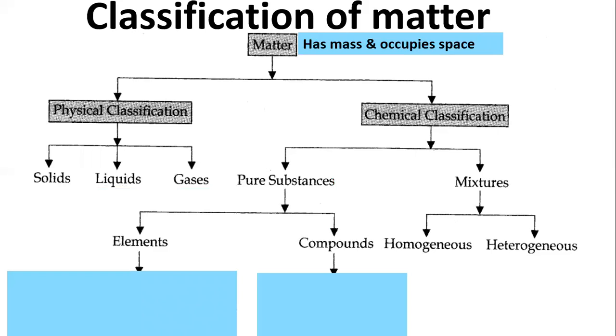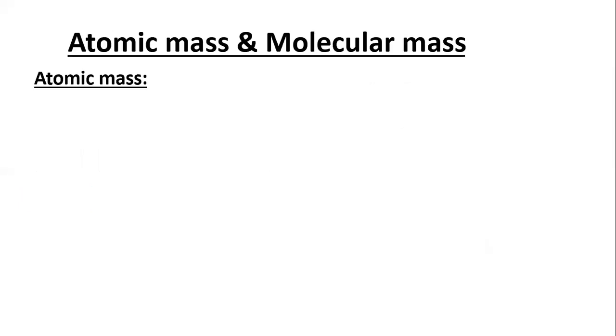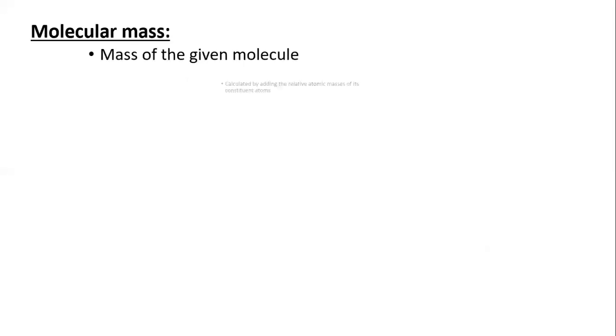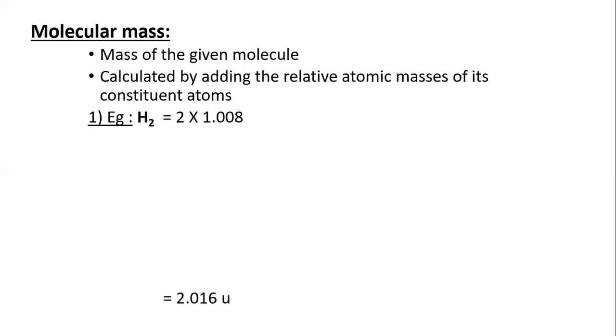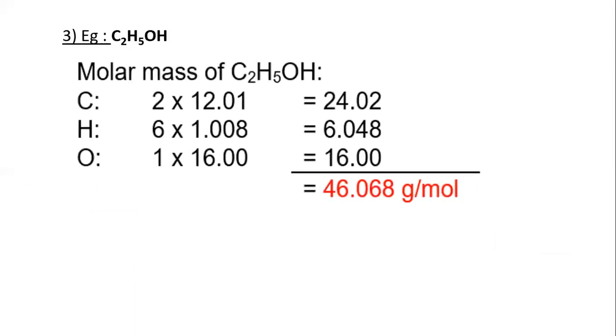Under that we discussed different examples and their further classification also. Next we discussed what is meant by atomic mass and molecular mass. Then last came different examples of how to solve the molecular mass. When you practice all those together, it will be easier for you.